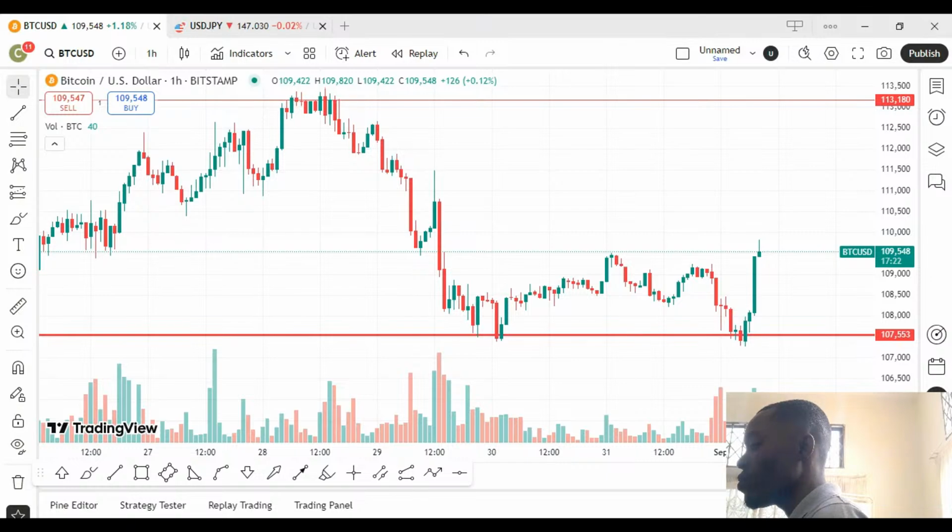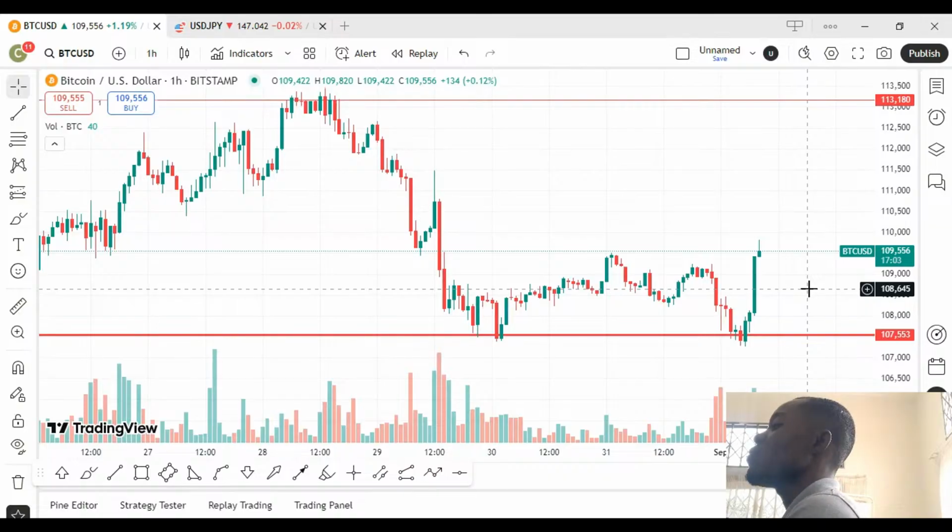So once you are waiting to join, you are waiting for the market to buy, then you join the buying market. Sometimes you will see sell opportunities as well, and those sell opportunities are very short term. So it's a very short-term entry, and you will not hold the market for long.